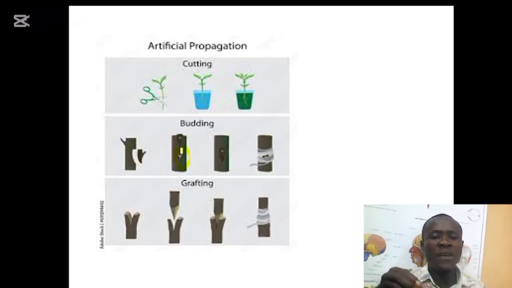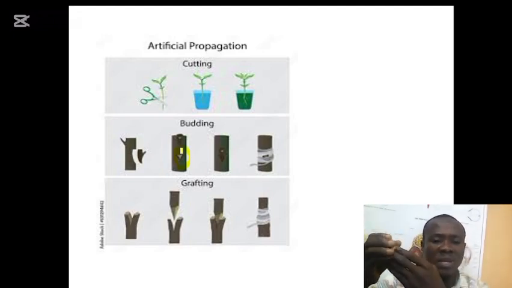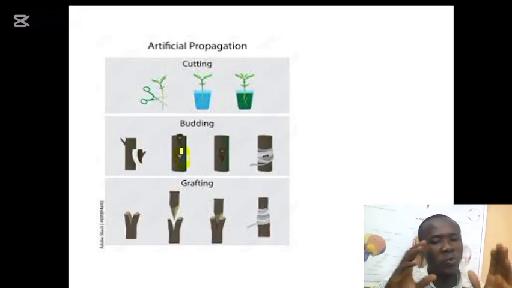This bud which you have inserted into the main plant will grow together with it. They will combine and become a uniform plant. They will join together to form one. The bud will grow and bear fruit as the case may be, and the main plant will also continue to bear its own fruit.